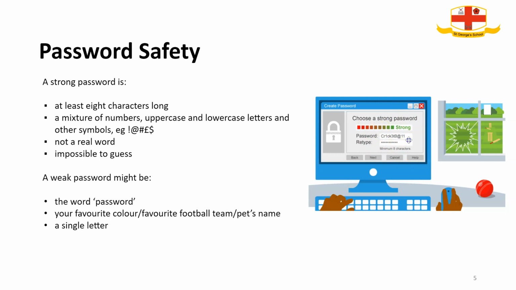So it's cricket ball, but it's capital C, R, 1, C, K, 3, T, capital B, @ 1, 1. Well, that's made it very strong, even though it just says cricket ball.